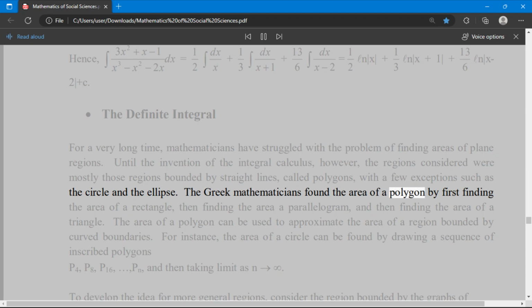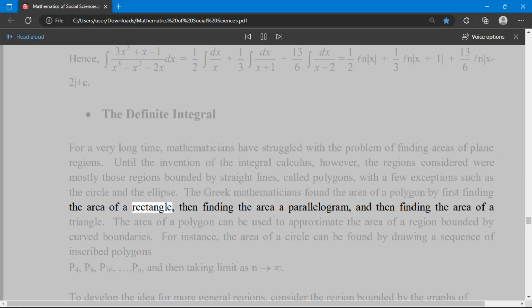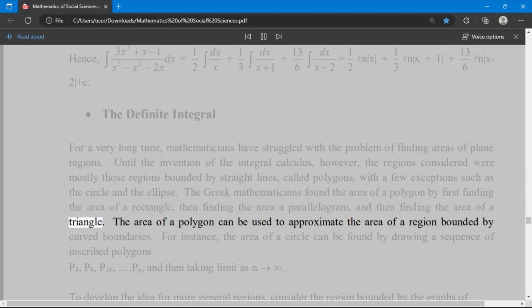The Greek mathematicians found the area of a polygon by first finding the area of a rectangle, then finding the area of a parallelogram, and then finding the area of a triangle.